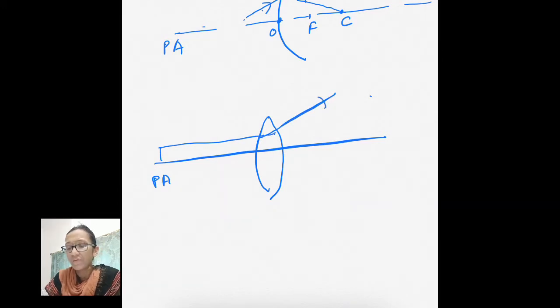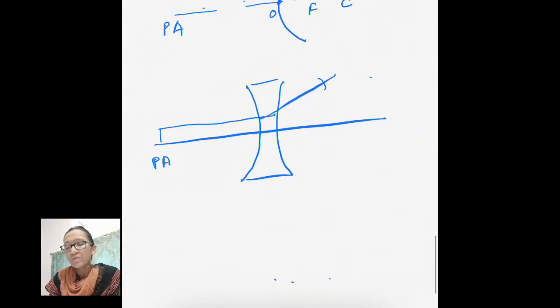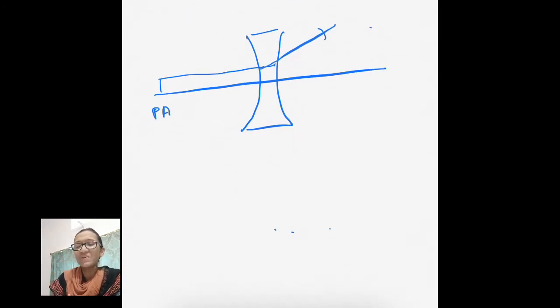Here I should draw a concave surface only. Okay. So here you have a concave and here you have a concave surface. So from this we can see that the ray is going away from principal axis. Such kind of lenses are called diverging lenses.